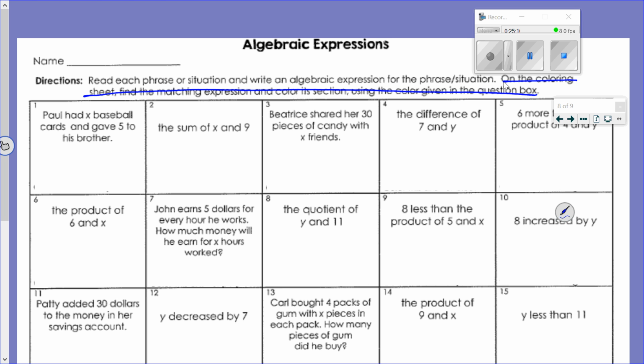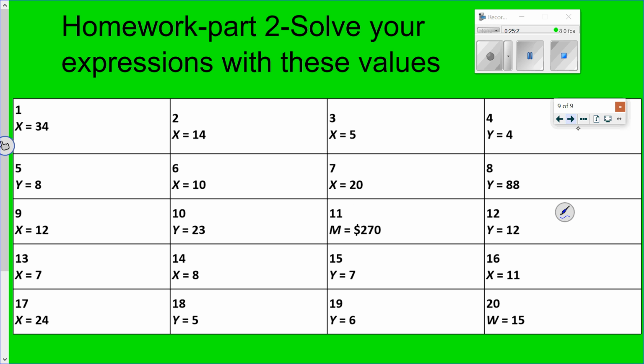What we're going to do is our first one, for example: Paul had X baseball cards and gave 5 to his brother. So if I have X and I give 5 away, what's that mean? X minus 5. So I then flip my sheet over. You'll notice there's 20 boxes on the front, 20 boxes on the back. So in box number 1, I now write X minus 5 because that's the expression that I just found.